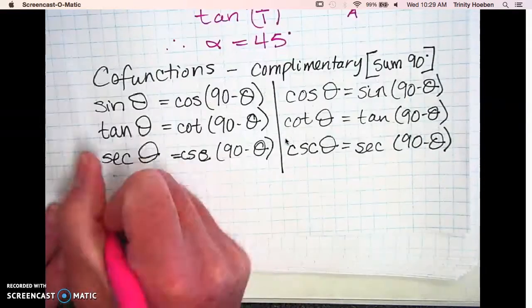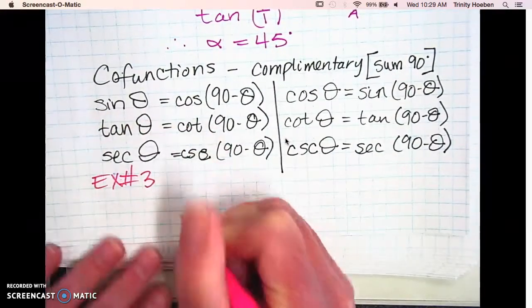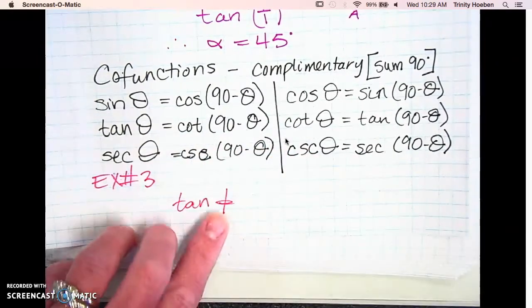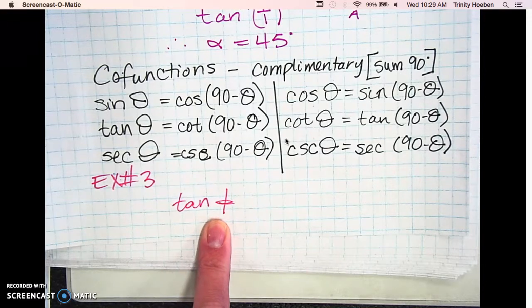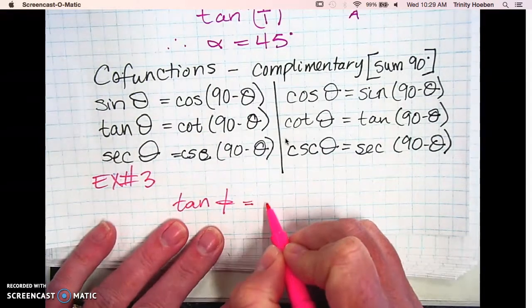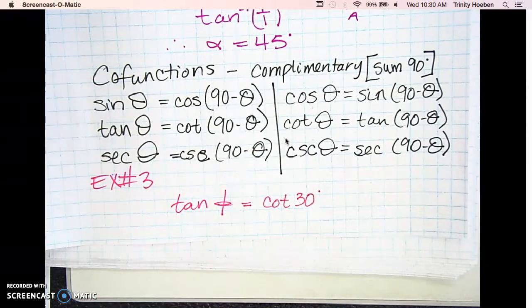All right. So once you have them all written out just once, you're going to see how easy these are. So some of the questions are like this. Example number 3. The tangent, and then you're going to have some Greek letter. I think this one's called phi. And then it's going to say something like is equal to the cotangent of 30 degrees.